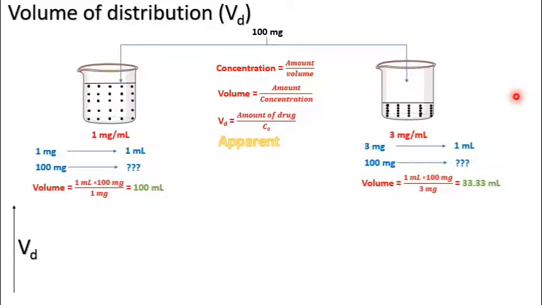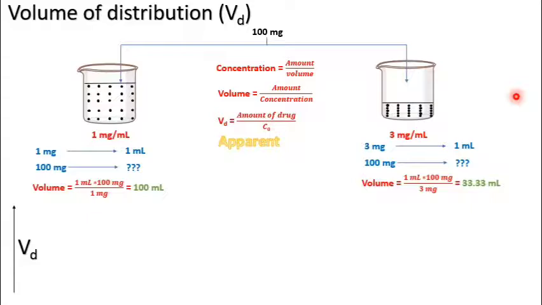So, if a drug has a large volume of distribution, that means its concentration in plasma is small. So, this drug could pass into our tissue cells and it's concentrated there. This drug could pass cell membranes easily.